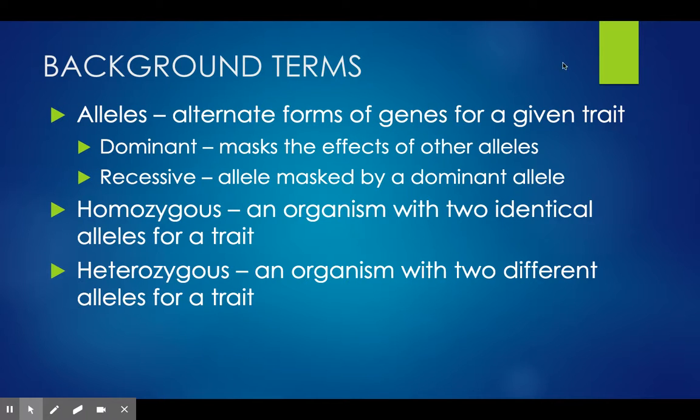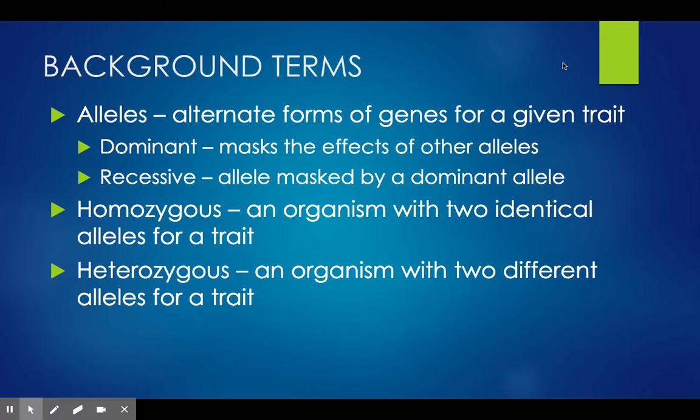When we're talking about alleles, they are represented as two letters. So the same letter, so we'll say two A's. If they are dominant, the A would be capitalized. If they are recessive, the A is lowercase.